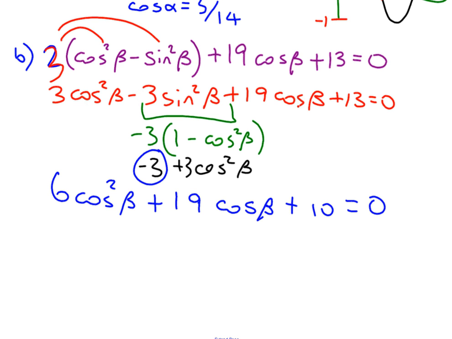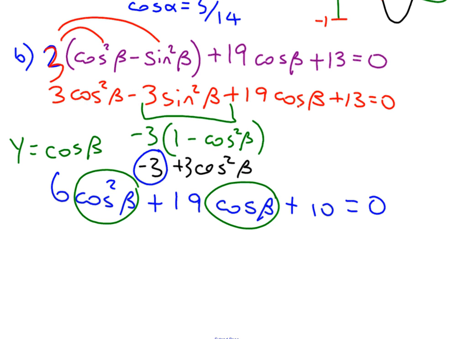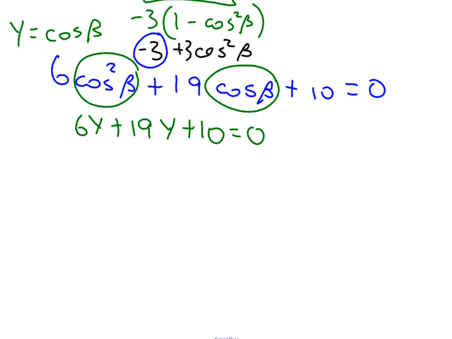Now, I hope you can see that this is a disguised quadratic where cos beta equals whatever letter you desire, let's say y. So we've got 6y squared plus 19y plus 10 is 0. There are a lot of different ways to factorize this quadratic.